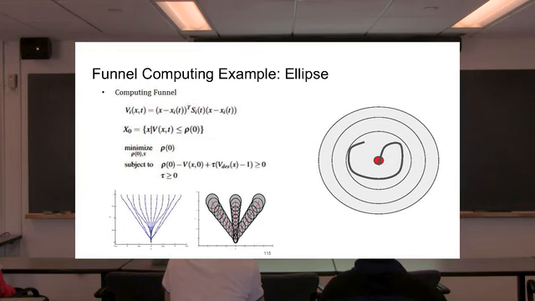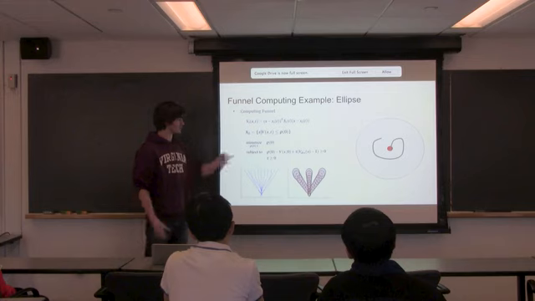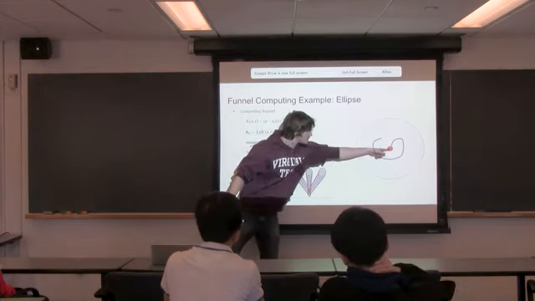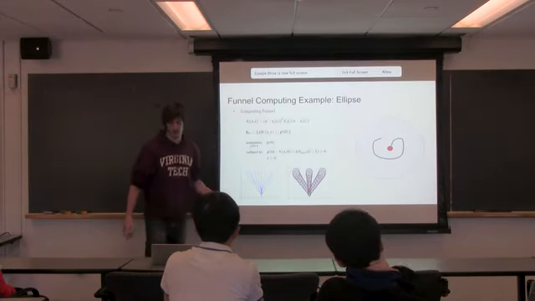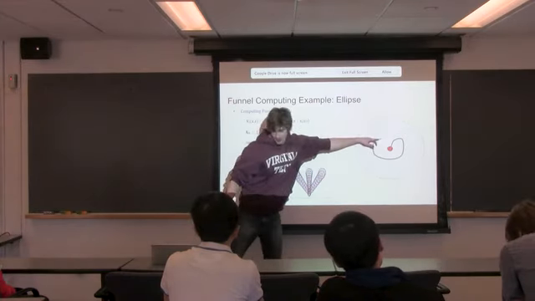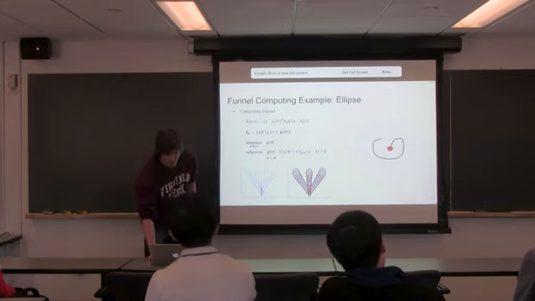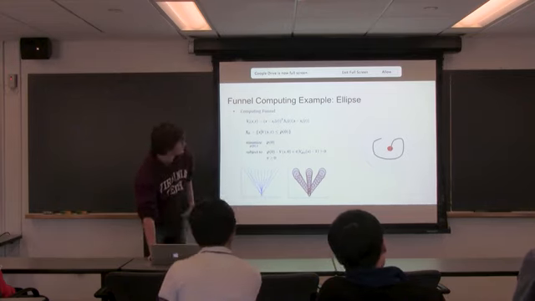So when you compute the funnel, what you do is you choose a Lyapunov function, and I'll explain what that is in the next slide. And you try to minimize the space around that function and bring it back. So you have your initial state, and the whole region, what you're trying to do is minimize around it.